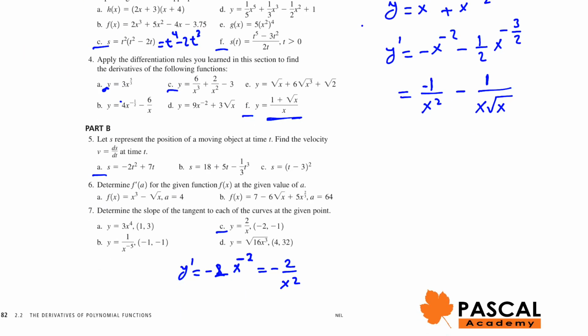Question 5. The derivative of s equals minus 2t to the power of 2 plus 7t is the velocity of the moving object. Therefore, velocity is minus 4t plus 7.